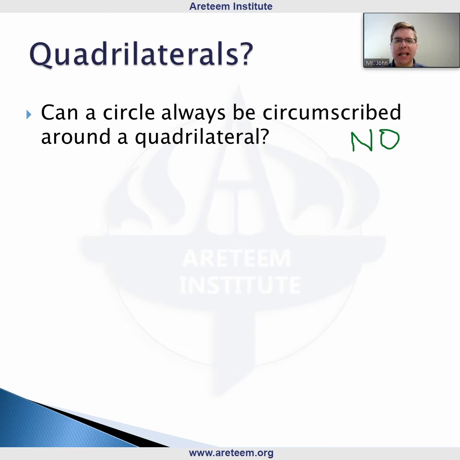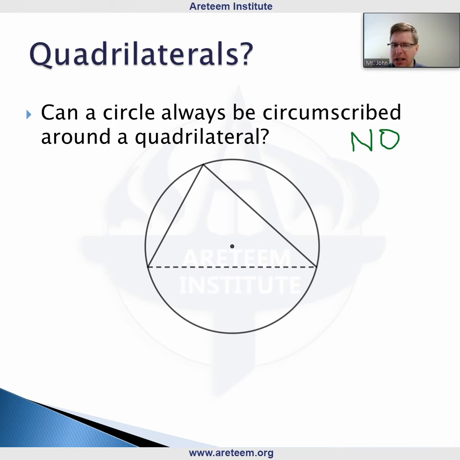Well, let's again go back to our triangle. So let's suppose we have a triangle here. We know that there's always one unique circle that we can draw around it. So we could think of some of these sides, for example, these ones that are not dotted, as two sides of our quadrilateral. So it can happen.